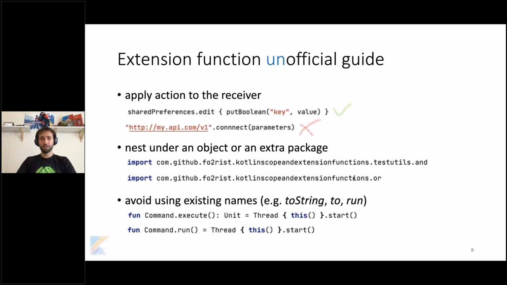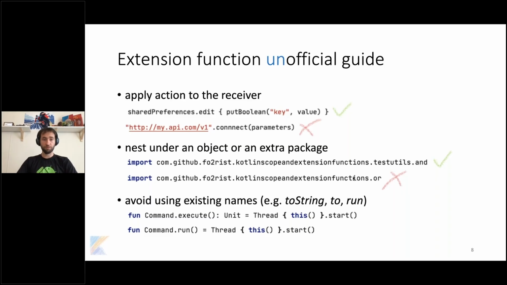And then another thing, again, as Ash mentioned, those functions are kind of like static ones. When you write them, don't forget to nest them under an additional level of packaging or an object, because Kotlin will not use the file name if you declare an extension function on top level in a package declaration, and you will end up with imports that are really hard to read and hard to discover.